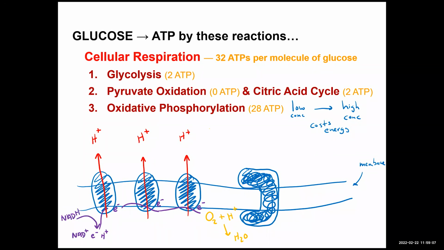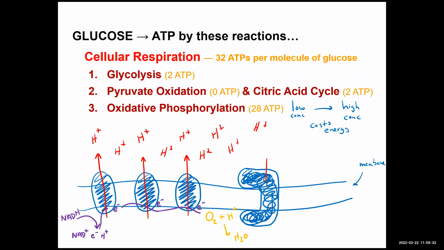Now that we've created a high concentration of hydrogen ions outside, those hydrogen ions want to go back to the low end. The movement from high to low is the way molecules want to move.